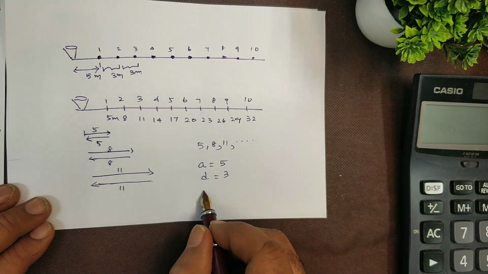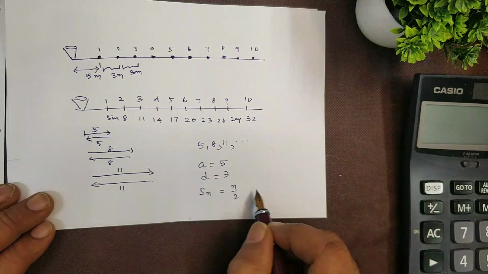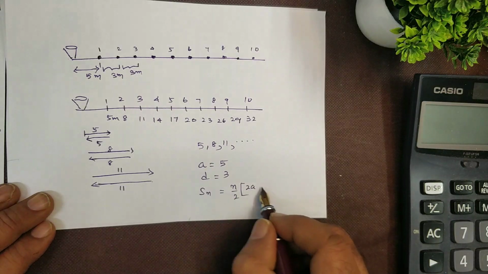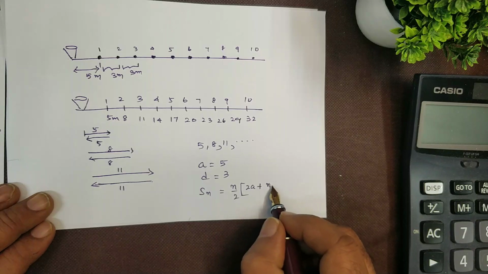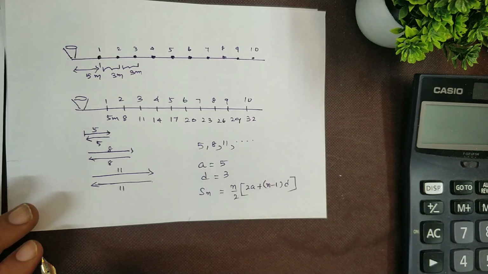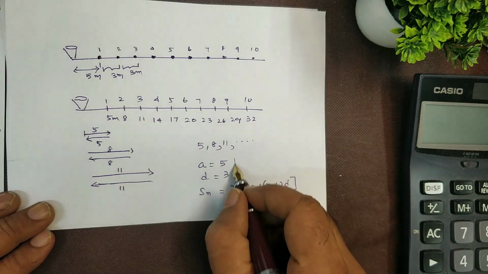So in that case, Sn is equal to n by 2 into 2a plus n minus 1 into d. Now how many potatoes are there? n is equal to 10.